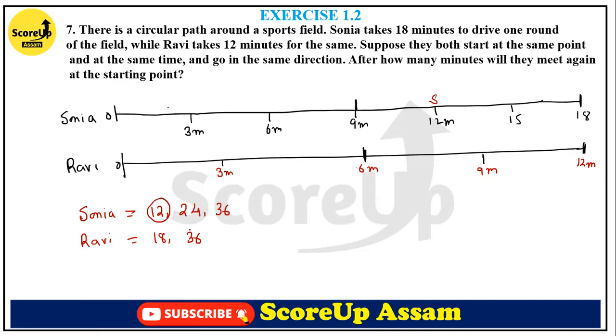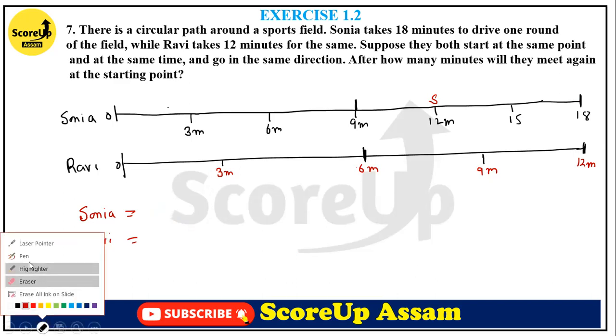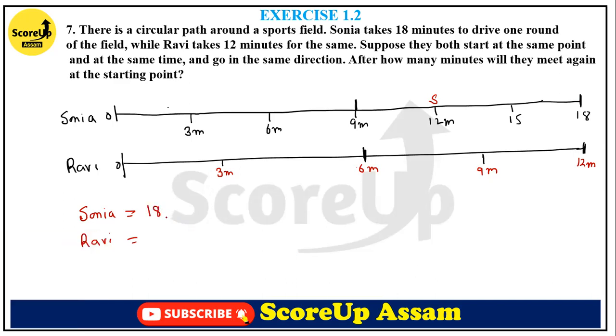Sonia takes 18 minutes. So at 18 minutes, Sonia will be here, and Ravi completes at 12 minutes.